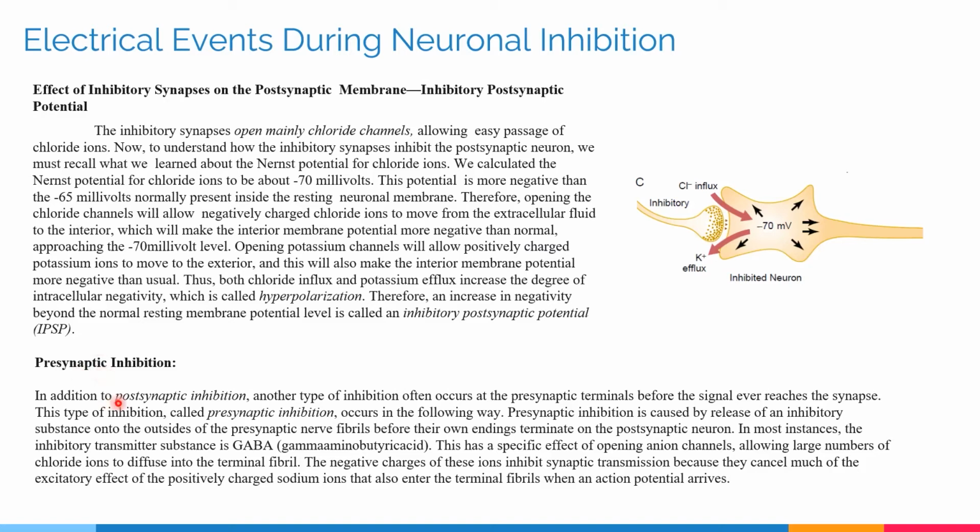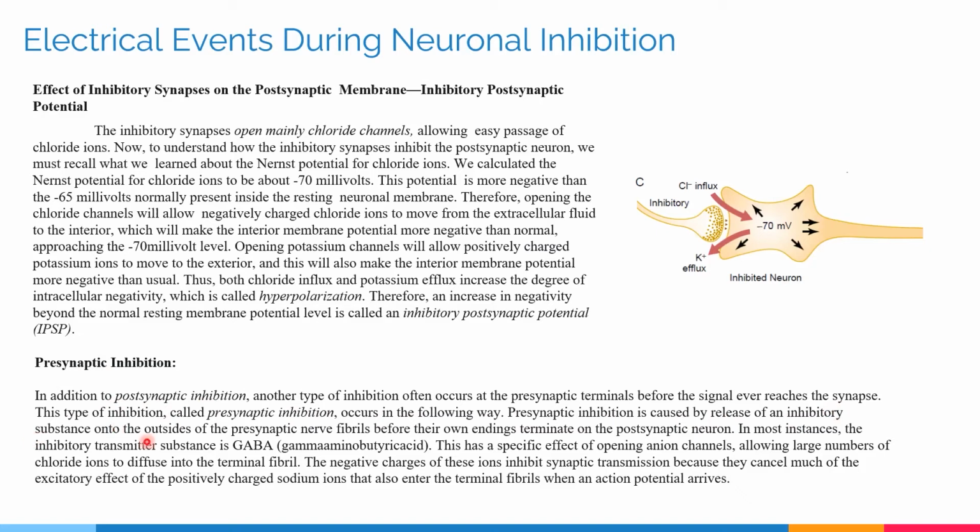In addition to the postsynaptic inhibition, that is, inhibition of neural transduction in the postsynaptic neuron, the presynaptic neuron can also be inhibited. Another type of inhibition often occurs at presynaptic terminals even before the signal reaches the synapse.